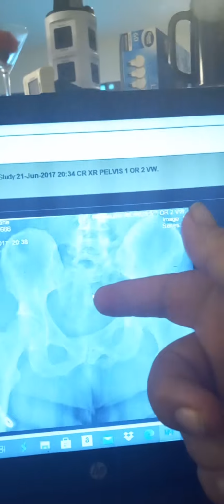So, this is the center column right now. Right here. So, this is so pushed over, right? It's no longer in the center, right? So, to do that means the bone not only broke, but healed, right?